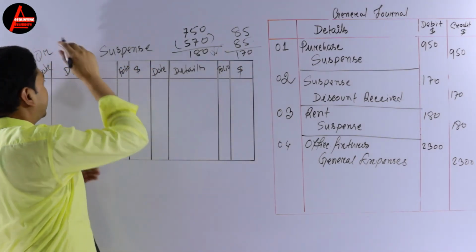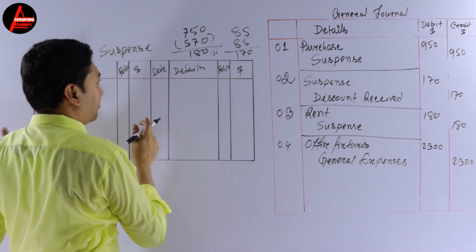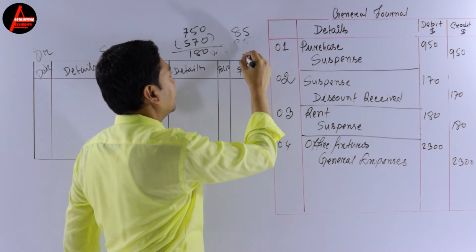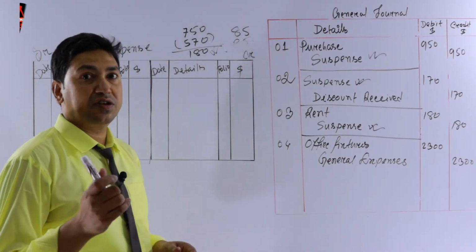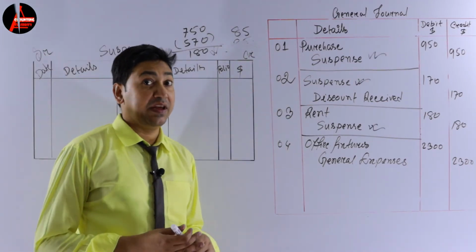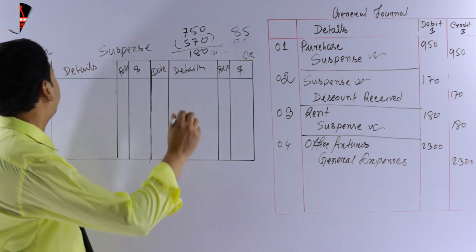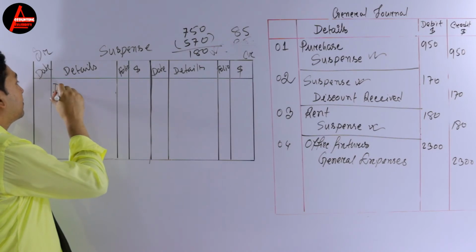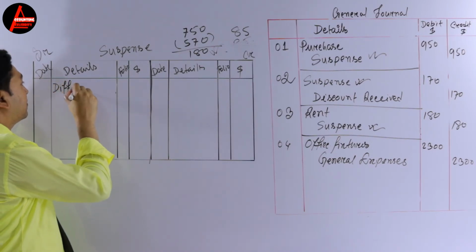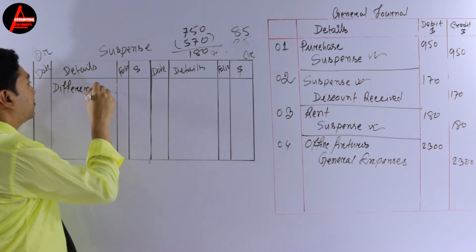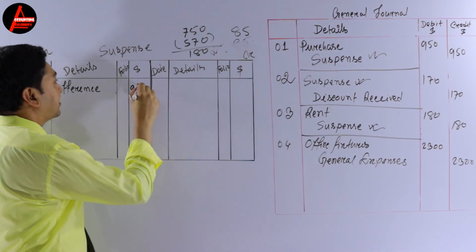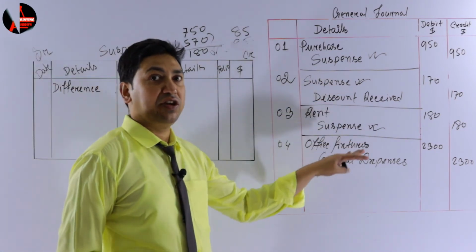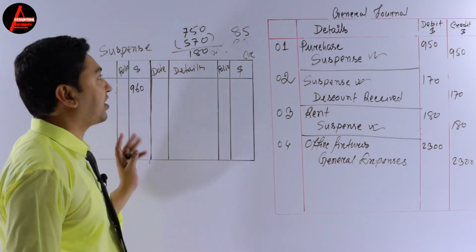These 4 columns on the left hand side are called debit columns, and these on the right hand side are called credit. First of all we have to write the balance per trial balance. For example, in the trial balance we have a difference of $960. Now we will enter these transactions in this account.